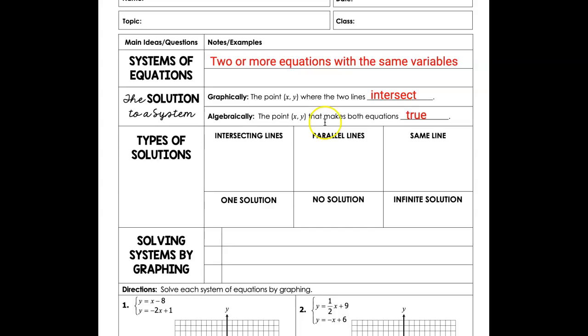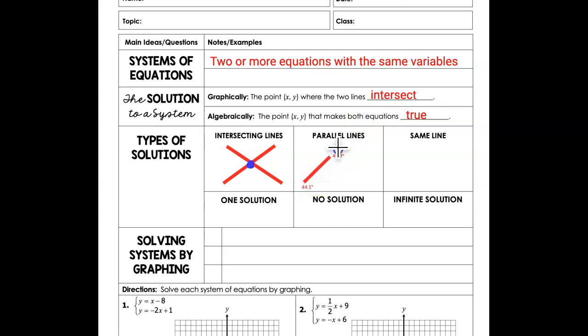There are three different types of solutions when we are dealing with systems of equations. When we have two lines that intersect, that intersection point is the solution. So for these two lines right here, it's where those two lines intersect.